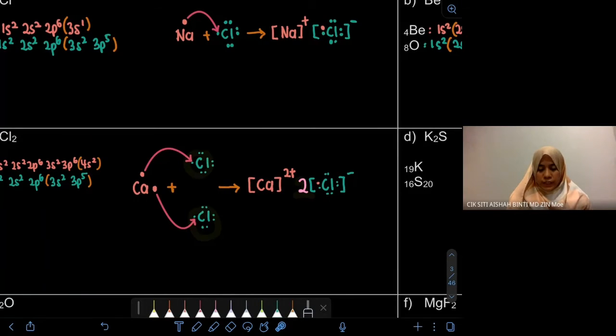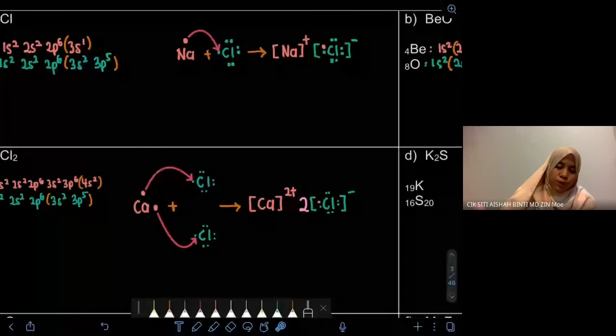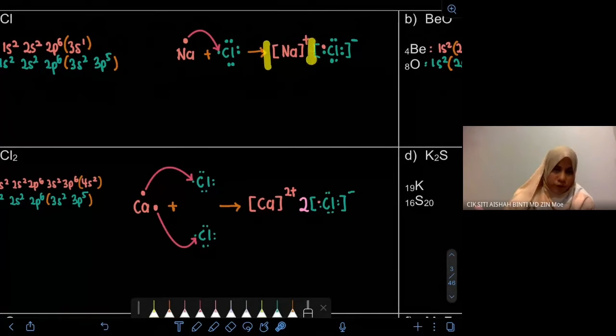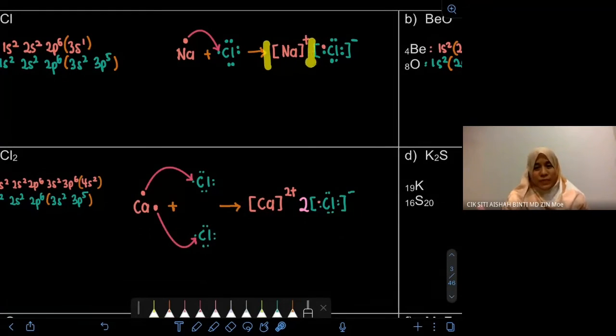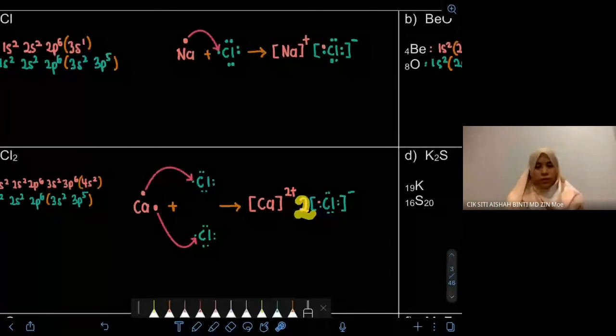Macam contohnya yang sebelum ni, yang sodium dengan klorin ni memang one chlorine atom, one sodium atom, one sodium ion dengan one chlorine ion. So kalau one ni kita selalu tak tulis lah. Tapi kalau case yang 2 ni we have to write down in front of it. So dia sama jugalah.